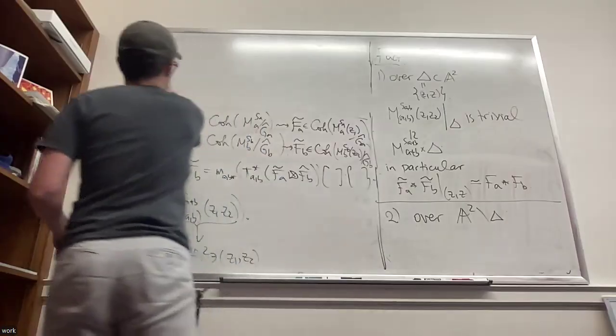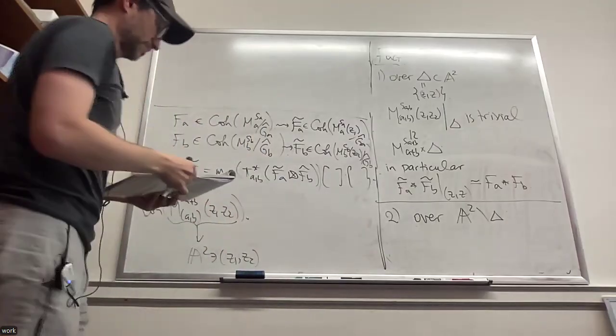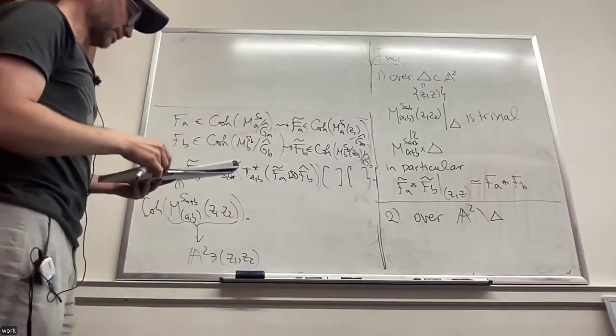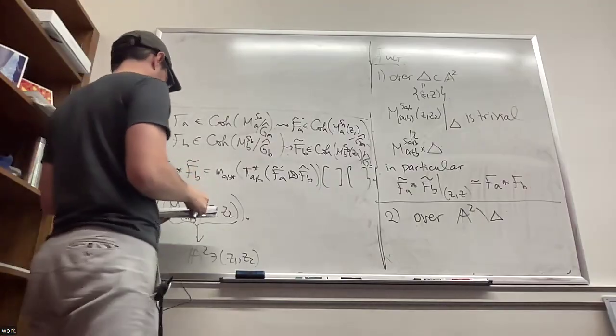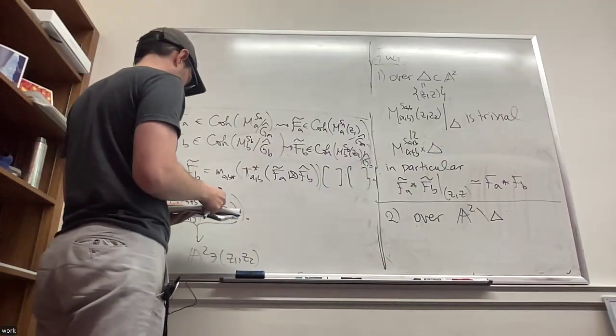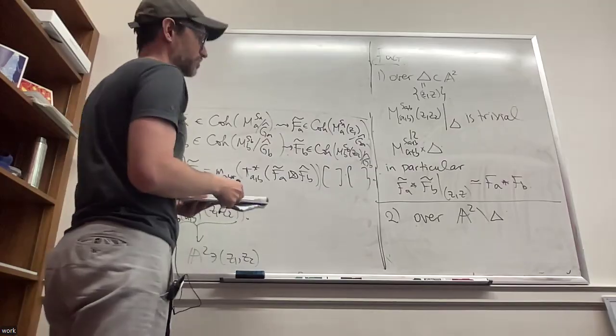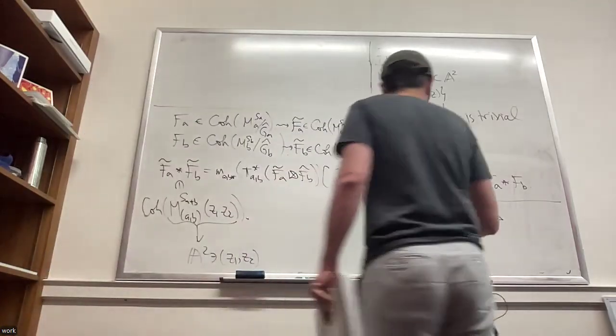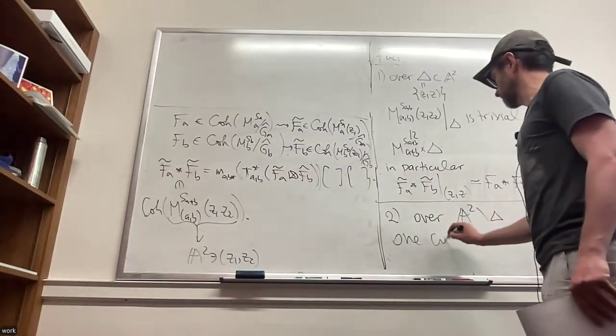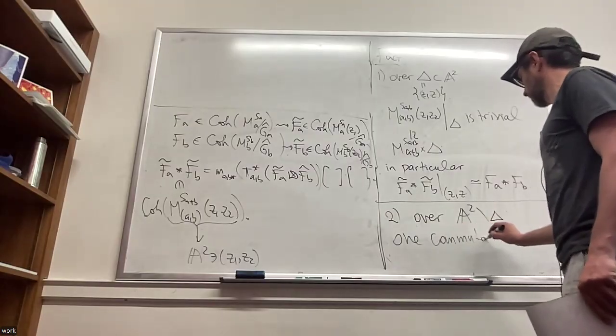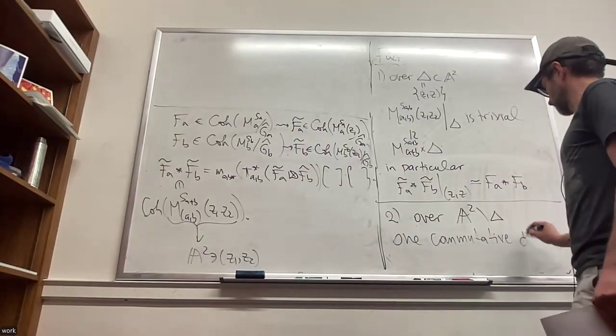Obviously, I'm not going to prove it because it's a bunch of diagram chases and a little bit of linear algebra. But one has the following commutative diagram, which looks like the following.